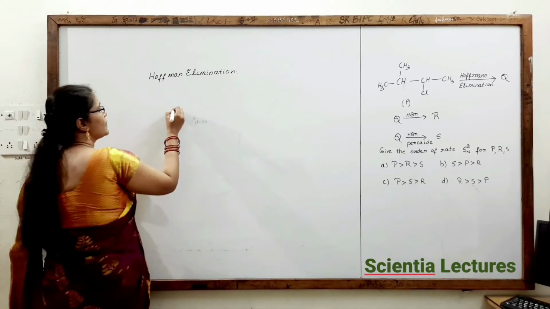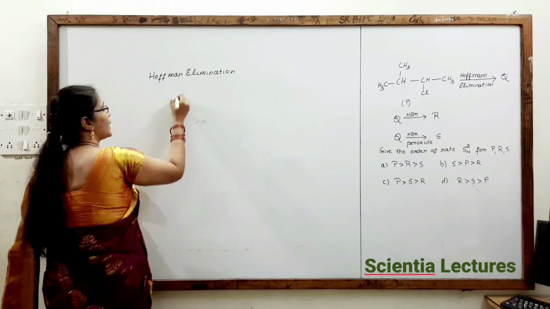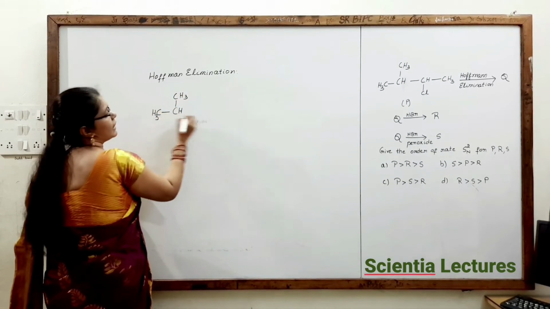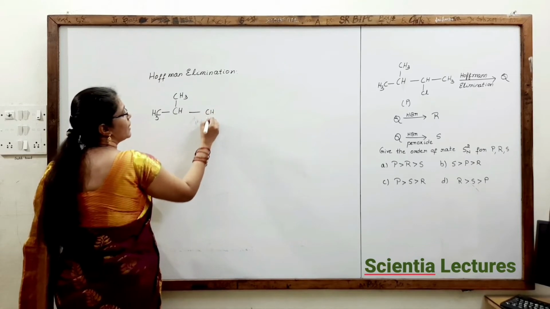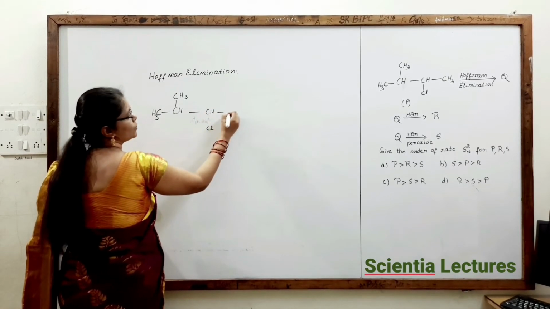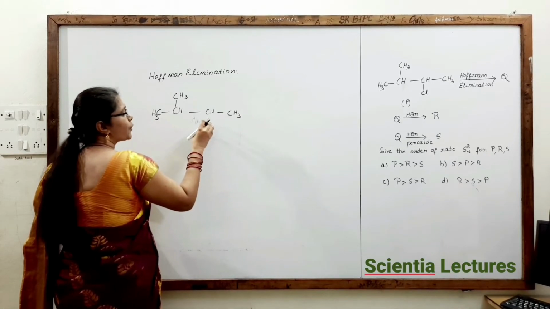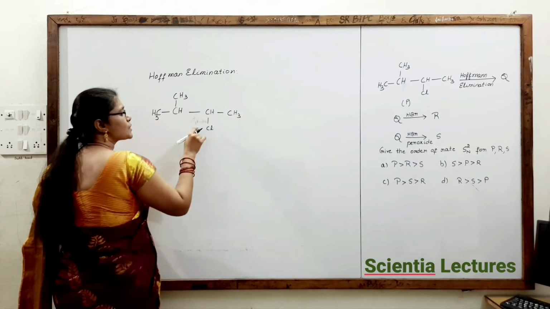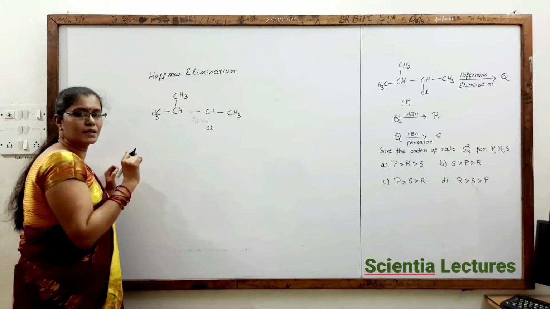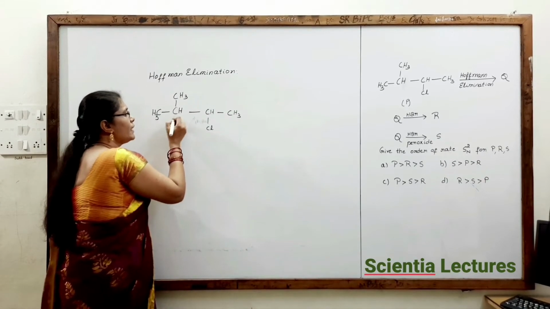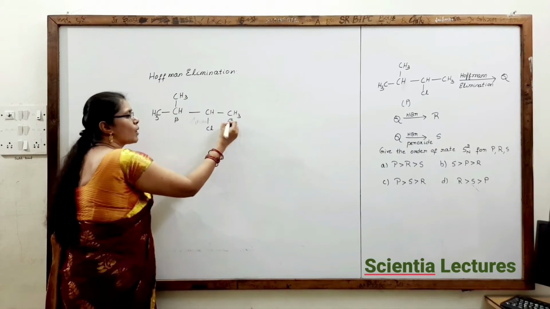Here, if you observe in the question, it was given that there is some alkyl halide, bonded to a functional group. Here the properties of the organic compound depend on the Cl bonded to it. Here we can surely say that this is a beta carbon and this is also a beta carbon.